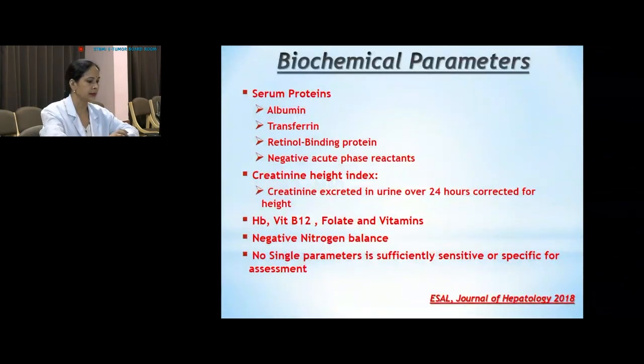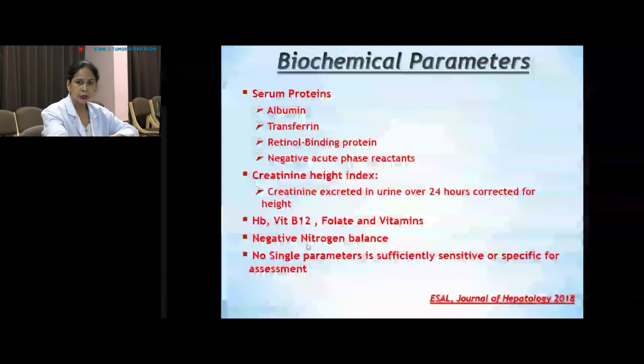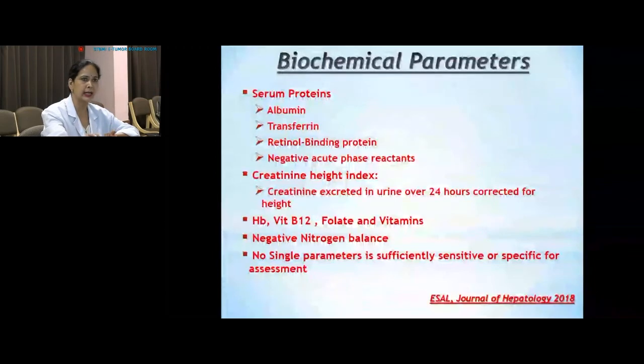Again, no single parameter is sufficient, sensitive or specific for the assessment. So it is better to assess A, B, C, D, whatever is easy, accurate and precise in the setup. A is anthropometric, B is biochemical, C is clinical, and D is dietary method.